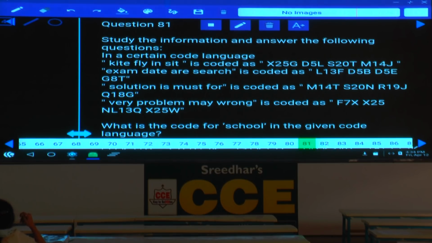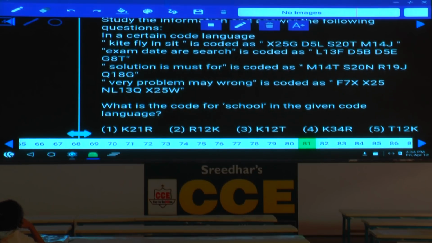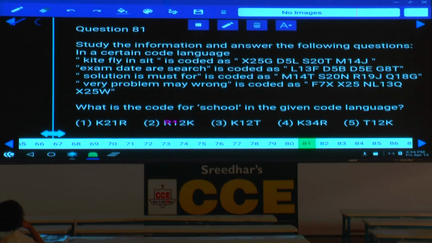Done? Then question numbers 81 to 85. Now in this 81 to 85 it is coding and decoding, with a combination of letters and numbers. The words are kite, fly, insect.